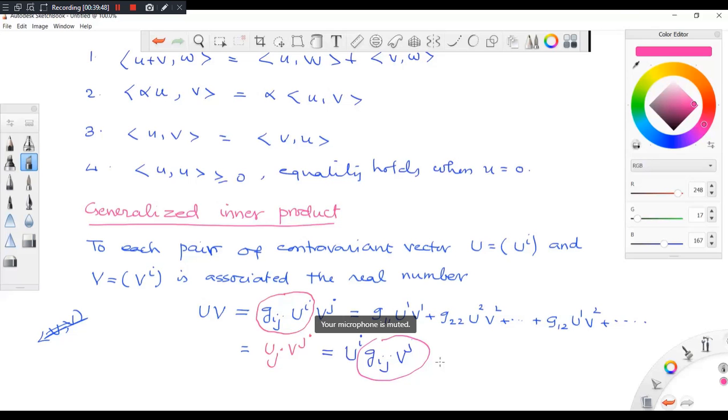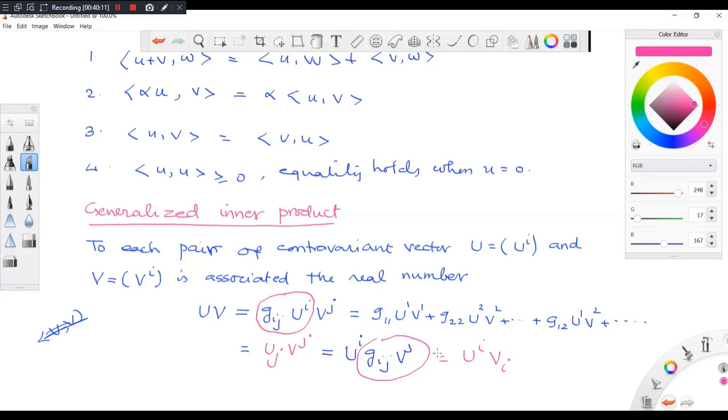So this will be vi. So you can say that uv is equal to uj vj or ui vi. Both will give the same u into v, the generalized inner product.